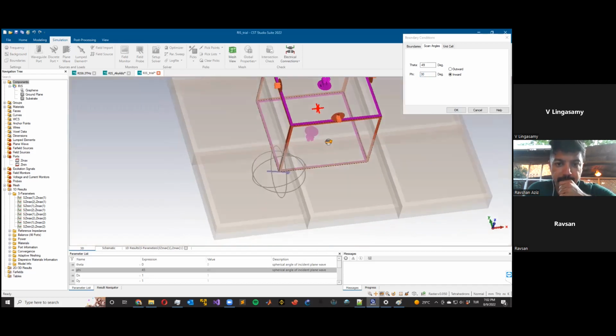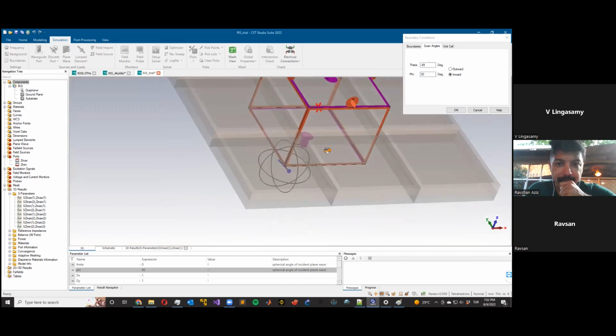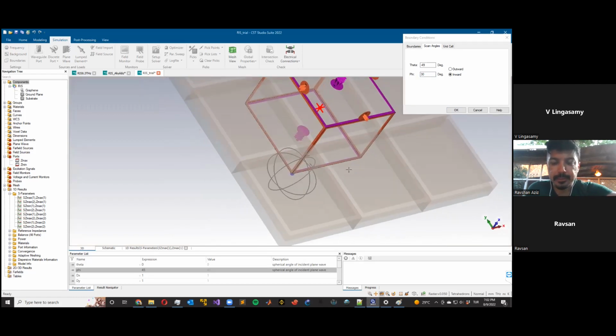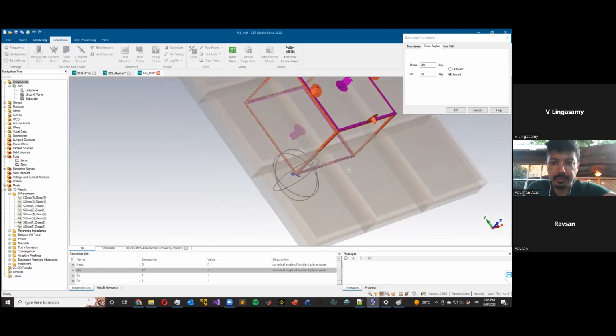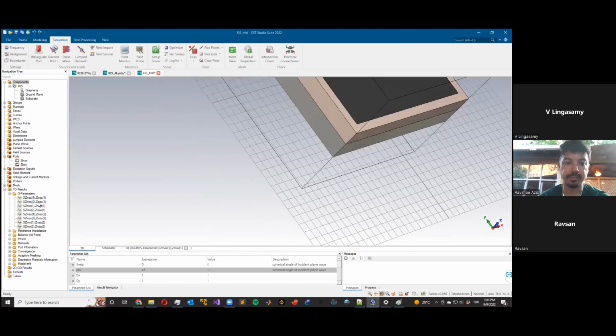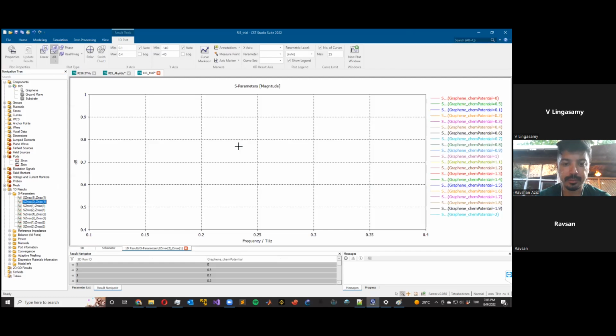You can estimate the phase values. It's going to be the same phase. Here only you are going to see what is the difference you are getting. That's the only thing.